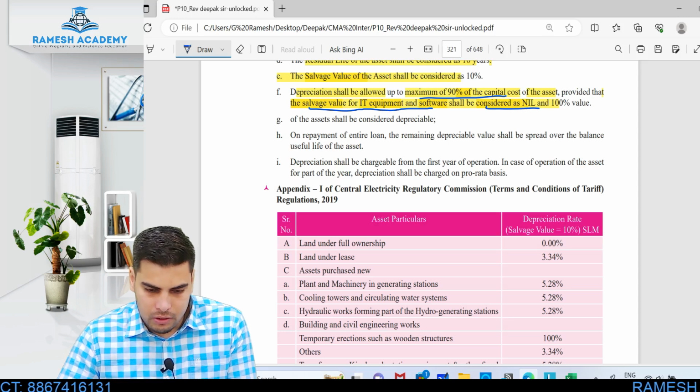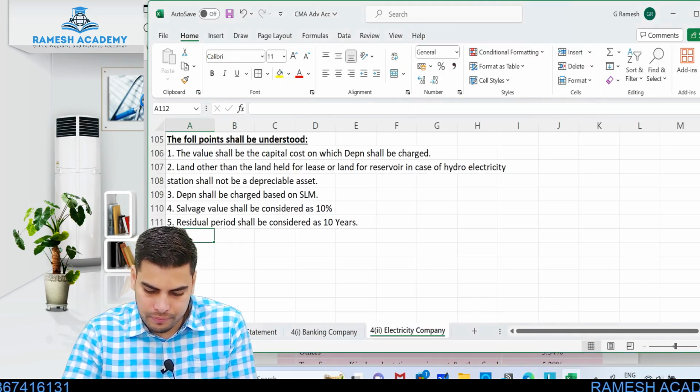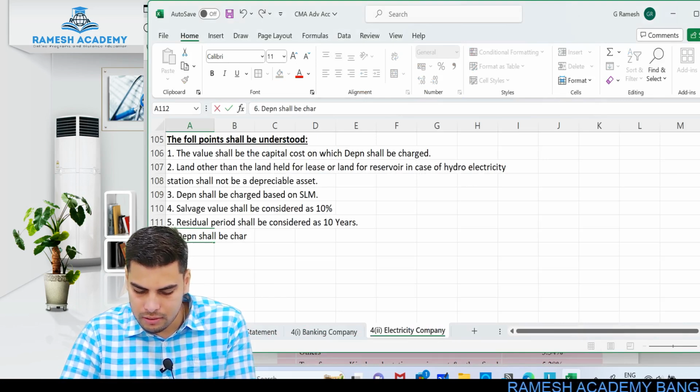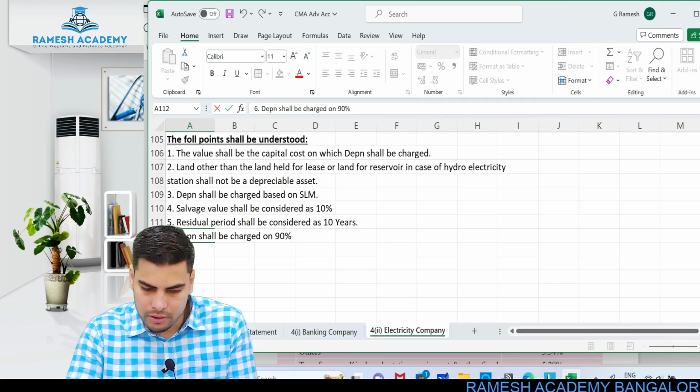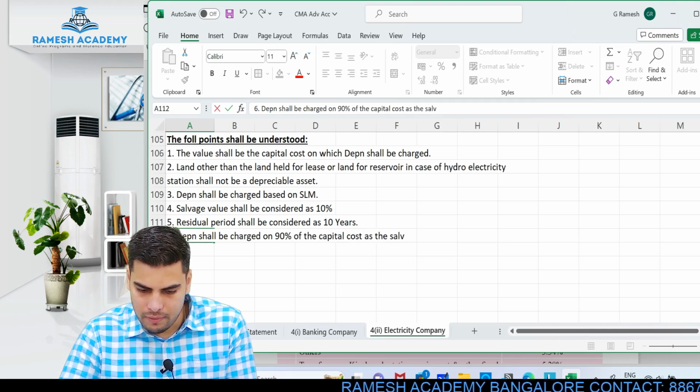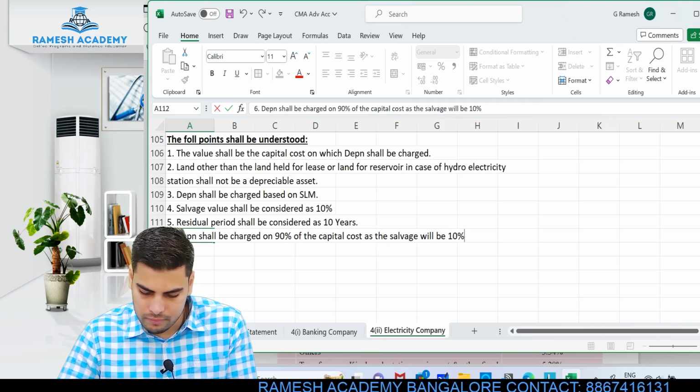Clear? So same point, I'll just write it here. Depreciation shall be charged on 90% of the capital cost, as the salvage value will be 10%.